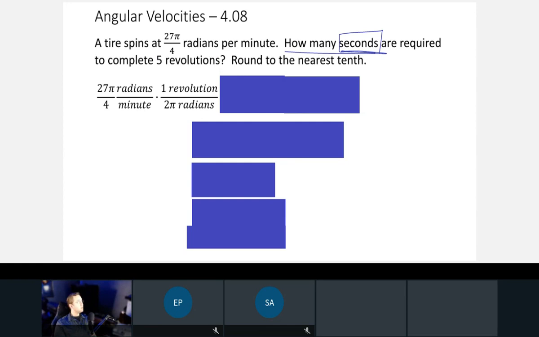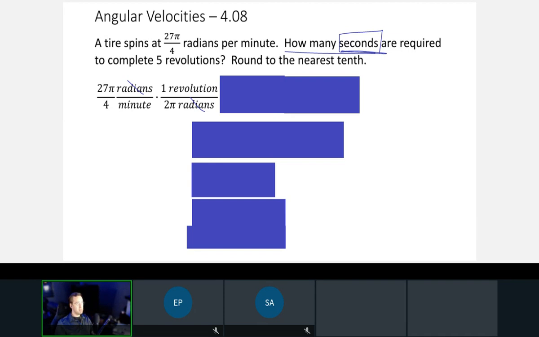All right. So we can jump into the cancellation part. We want to cancel out radians and radians. So now we have revolutions per minute. We want revolutions per second, because the final answer wants it in seconds. So let's convert minutes into seconds. And we know that we have 60 seconds in 1 minute.